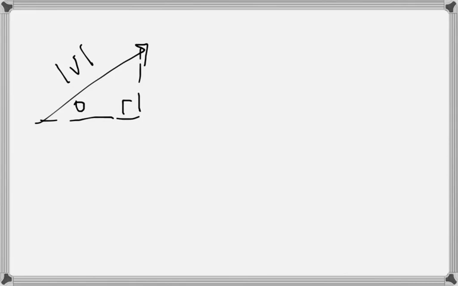Everybody already knows how to do this. Since this is how my vector looks, if I told you the magnitude and I told you theta, what we want to find is the x and the y parts. So here it is. X equals, judging from that particular triangle, can you tell me a formula to get x?